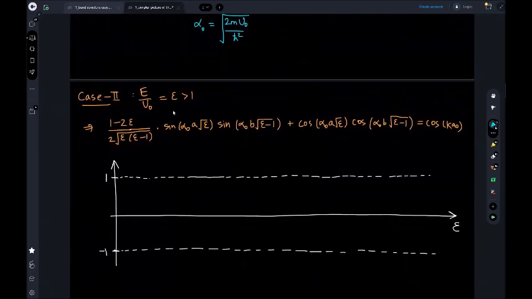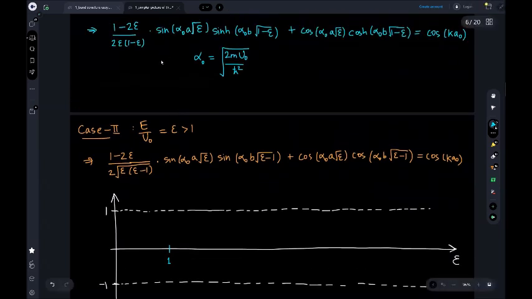So for epsilon less than 1, I'm going to mark 1. If you use any standard plotting software, let's say Desmos or whatever you prefer, and plot an equation like this, you can actually try this. I'm sorry, there's a slight mistake from my end here. There's an under root here.